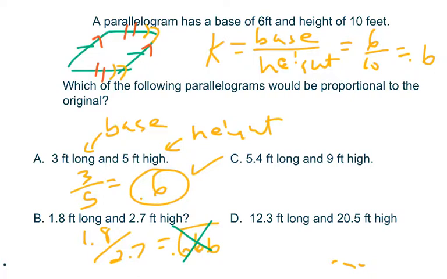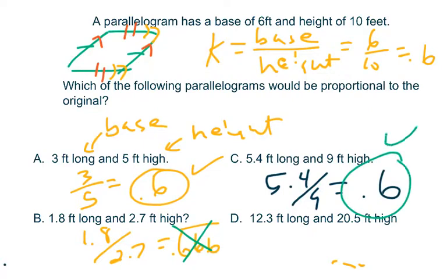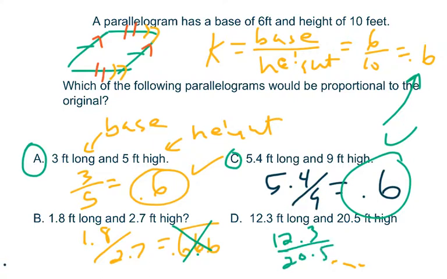All right, next one. We're going to take our base, which is 5.4, and divide it by 9. If you take a calculator, 5.4 divided by 9, you get 0.6. So this one is good. So far A and C are proportional to the 0.6 up here, but B is not. Last but not least on this problem, you're going to take the base, which is 12.3, and divide it by 20.5.